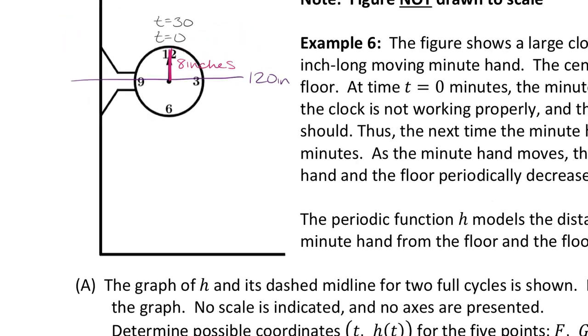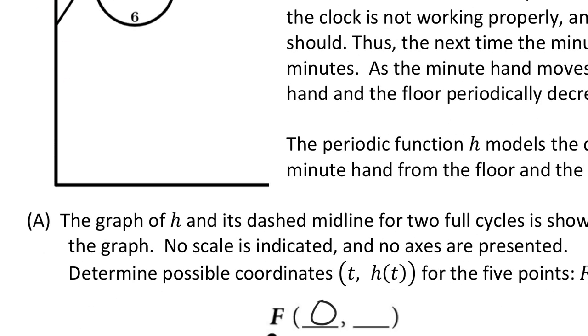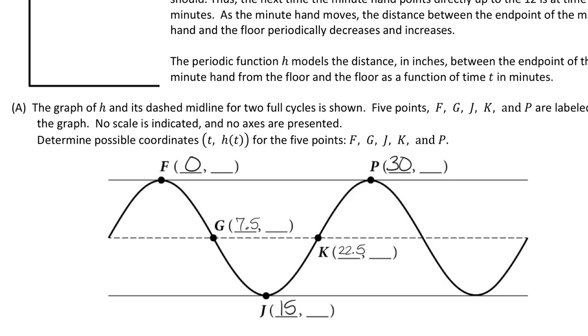When we were looking at this situation, you guys told me that the first time the minute hand was up at the top was at 0. And the second time it was up at the top was at 30. So I need to make sure that my picture of the distance where it's at top is 0, and the next time it's at top is 30. Does that make sense?